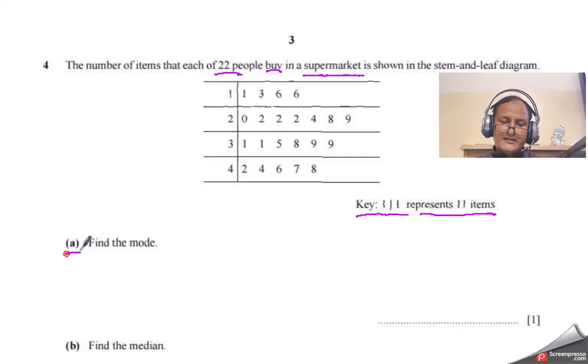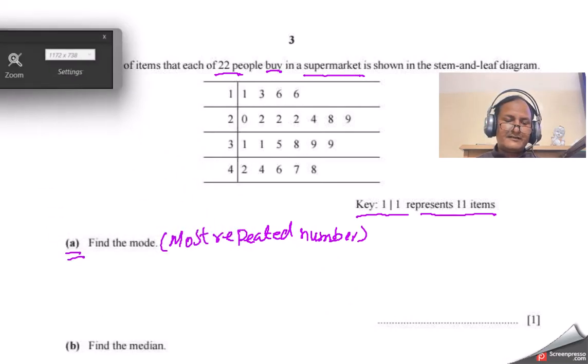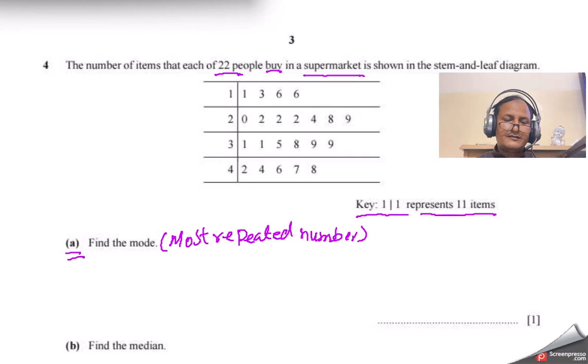We're supposed to find the mode. Mode is basically the most repeated number. If we check, the most repeated number is 22, occurring 3 times.